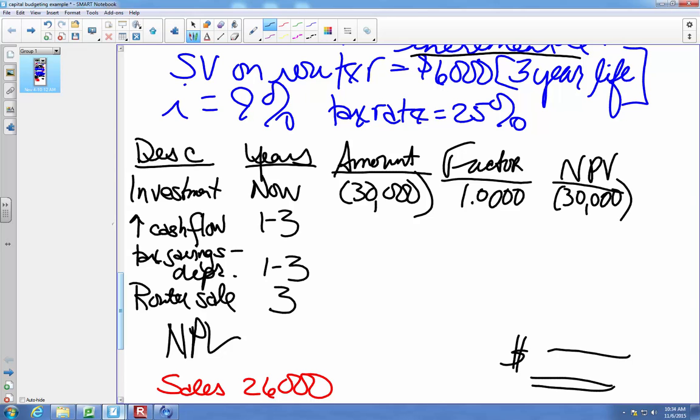What are you investing now? What's your increased cash flow every year? What's your tax savings from depreciation every year? And then we have a new thing here, right? I'm going to sell it at the end of 3 years.